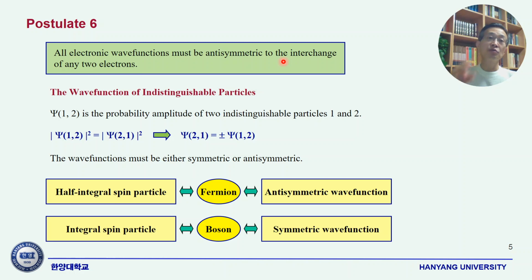So for any two electrons which are indistinguishable, if they are switched, there is no change in the property of the atom. Then you would require that the probability of electrons must be the same, does not change.